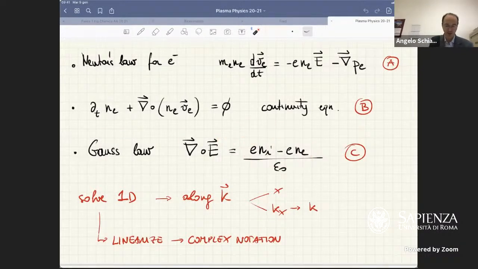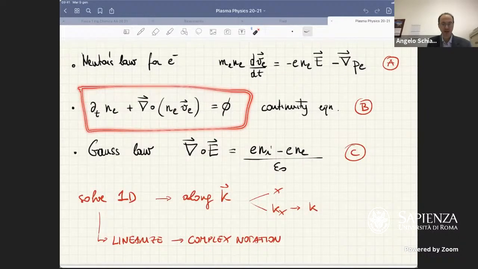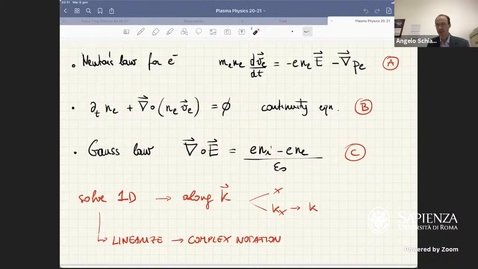And in order to close the set of equations, we used the continuity equation, telling us that from each volume of interest, we are balancing exactly the number of electrons that are entering and exiting the volume of interest. So we project all the equations into the direction of the wave.